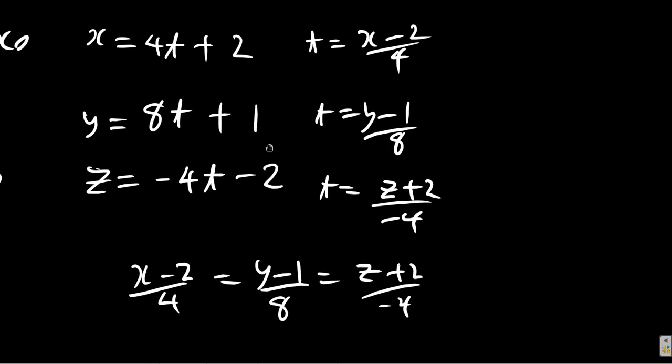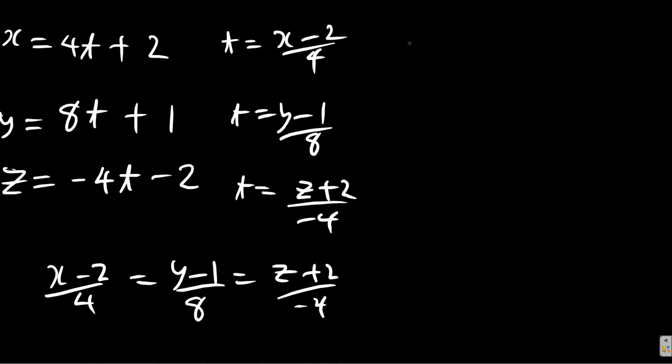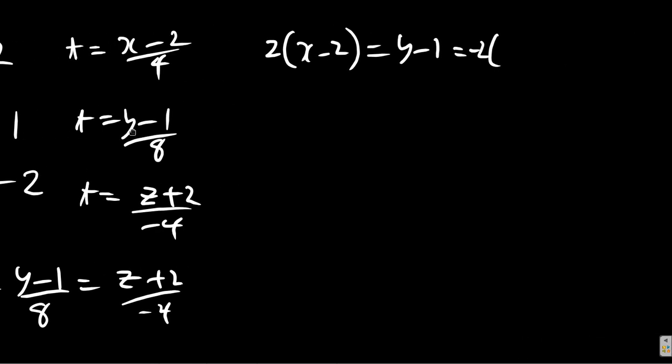And then of course you could multiply everything. Suppose you multiply everything by 8, what would happen? 4 into 8 goes 2 times. You'd have 2 times x minus 2 equals y minus 1 is equal to, if you multiply this by 8, negative 2 times z plus 2.